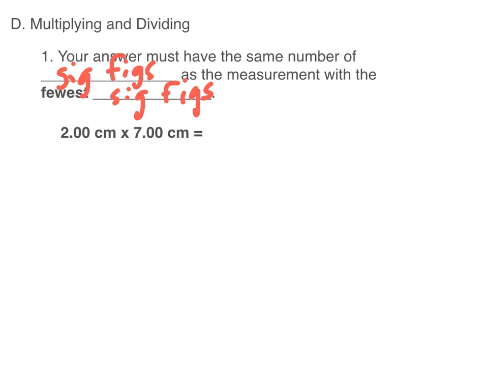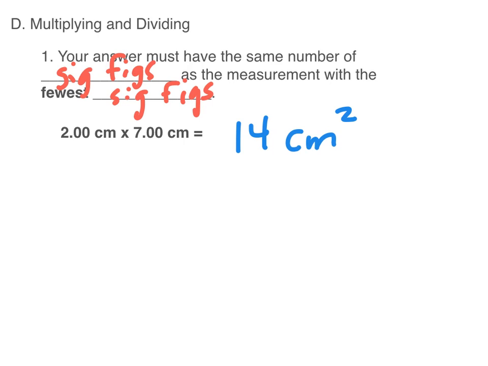Now for multiplying and dividing, I actually care about significant figures. So try this in your calculator. So again, we've got 2.00 centimeters times 7.00 centimeters. Again, you know as well as I do, these zeros, your calculator doesn't care. So your calculator is just going to say 14, and what would that be? Centimeters squared, because it's centimeters times centimeters.